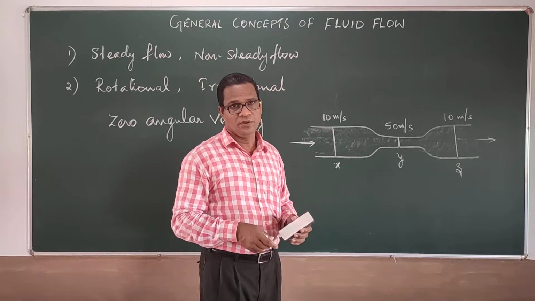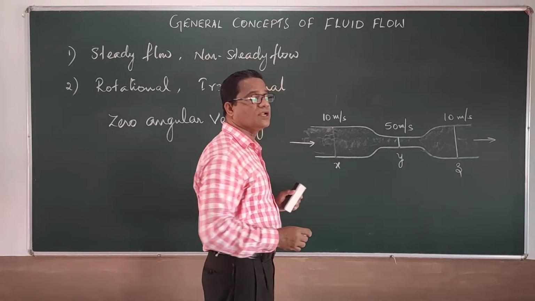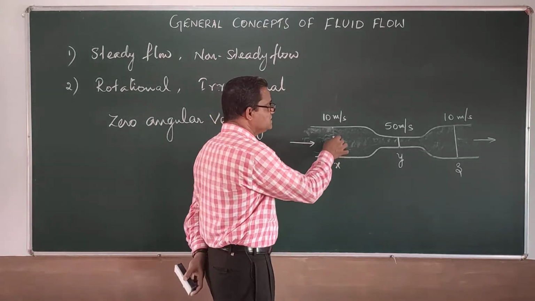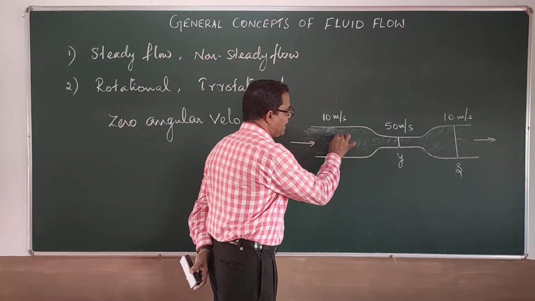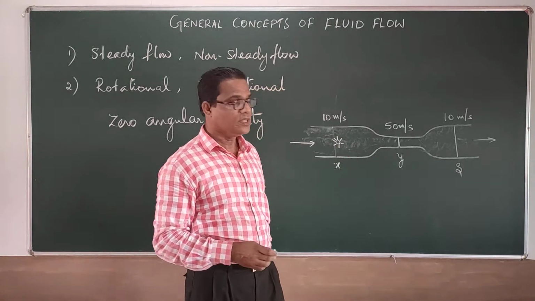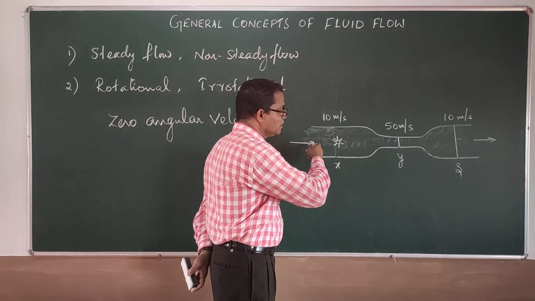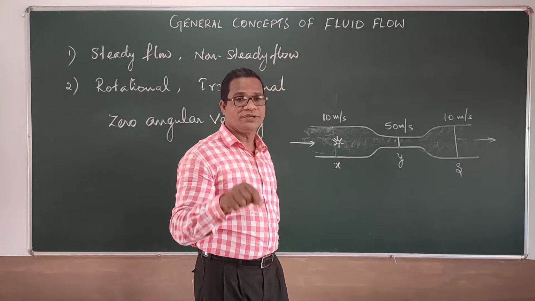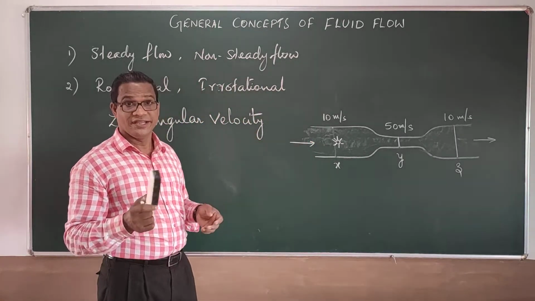To understand whether the flow is rotational or irrotational, we insert a paddle wheel inside the flowing liquid. If this paddle wheel is moving without rotation, then the flow is irrotational.